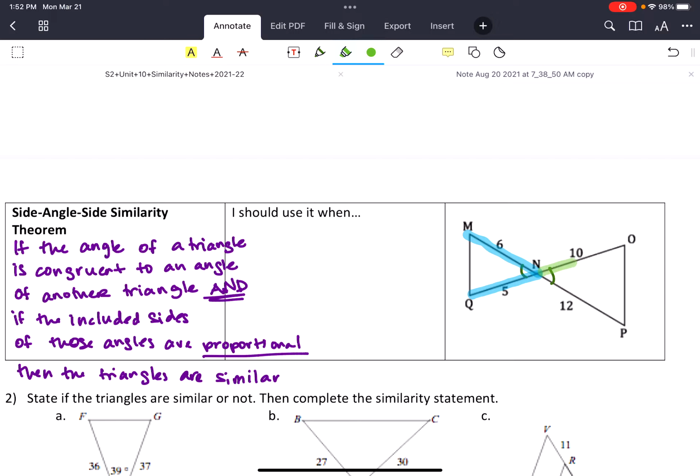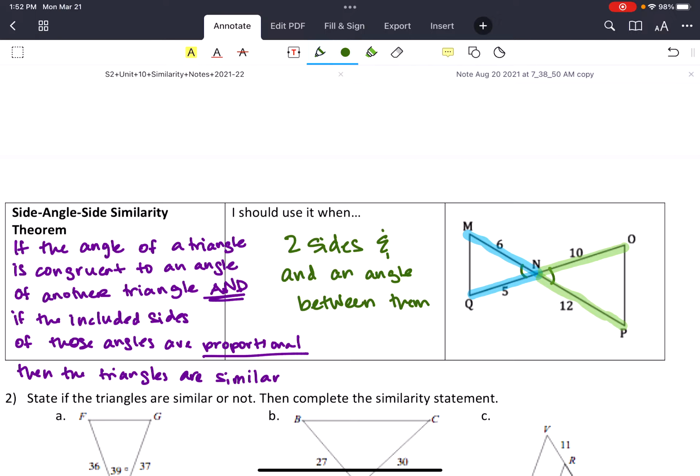And on triangle NOP, I have NO and NP that lock the angle N in place. Those are the sides that are keeping N where it should be. So I'm going to use this when I have 2 sides and an angle between them. That angle must be between your 2 sides.